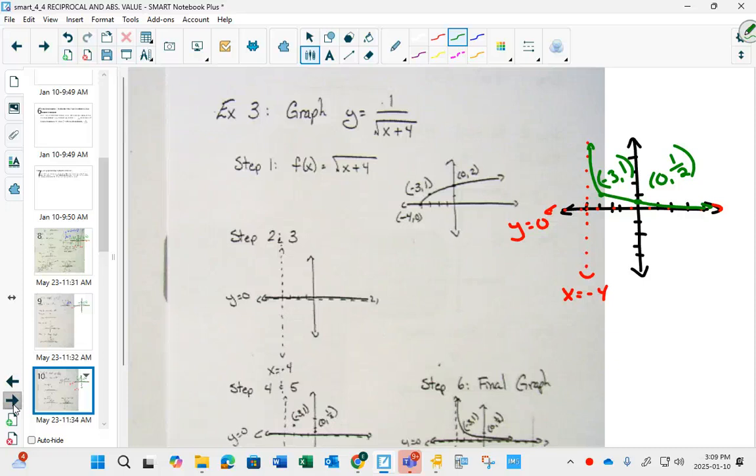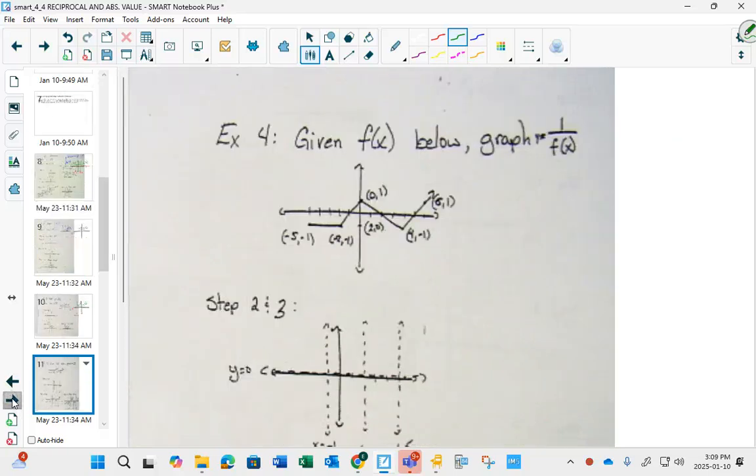And probably the most common type of question I see on the exam with reciprocal graphs, and you have one either in exam 1 or exam 2. They give you the graph. Here's the graph given to you, and you have to draw the reciprocal graph. And if you didn't know the rules, the final graph is really different than the original one.